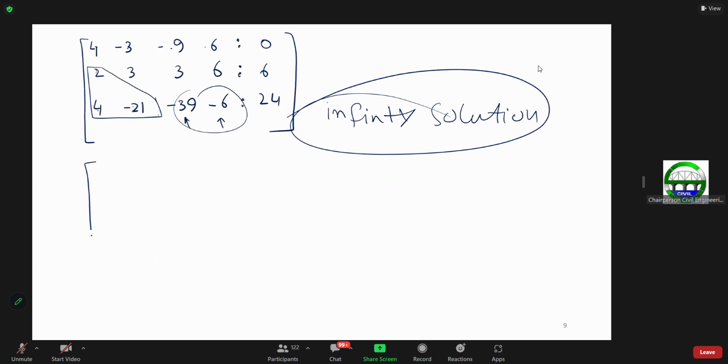For example, if you apply the first operation, R2 is here, so you can multiply it by 2: R2 becomes 2R2 minus R1. You can apply this operation, and R3 becomes R3 minus R1.